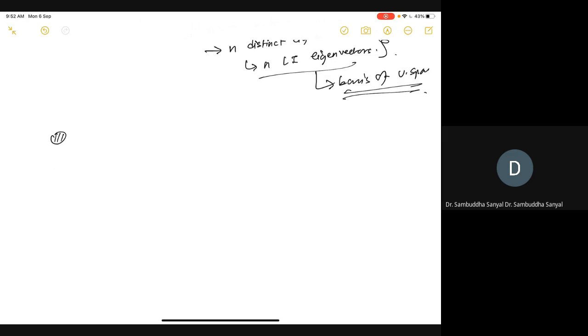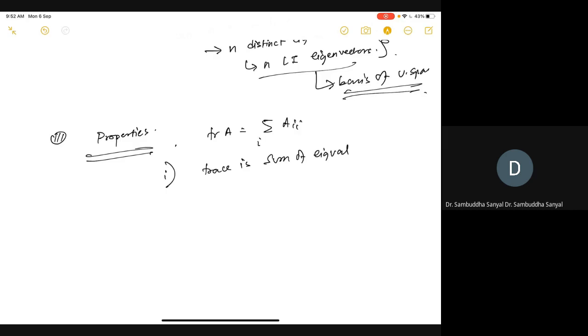So this has some properties. These are called trace and determinant properties, and they are very useful. The trace of A is basically the sum of the diagonal elements, and it has the property that trace is the sum of eigenvalues, and determinant is the product of eigenvalues.